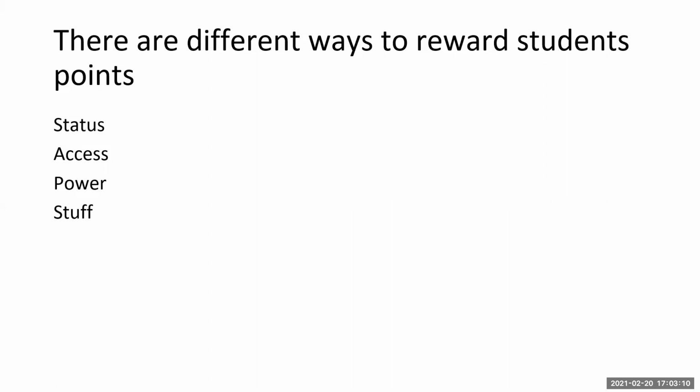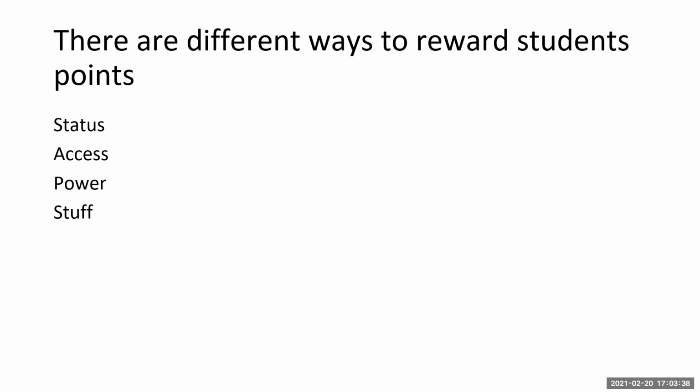Or we could use a power system. If you get a high enough score over the 2 weeks, you get to decide what the next module is going to be that we're going to move on to. And the final level is stuff. If everybody gets enough points, we have a pizza party at the end.